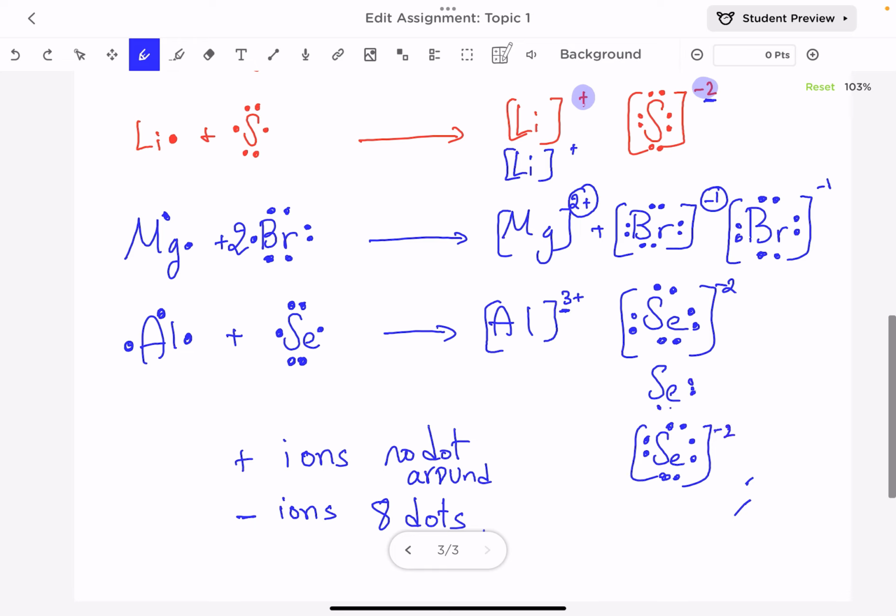And here's the other selenide with 8 dots and a negative 2 charge. Whereas, because I see 2 here, it means I'm going to have 2 aluminium, each one having a 3 plus charge. Now, if you calculate the positive charges, the total is 6, and if you calculate the negative charges, the total is 6.